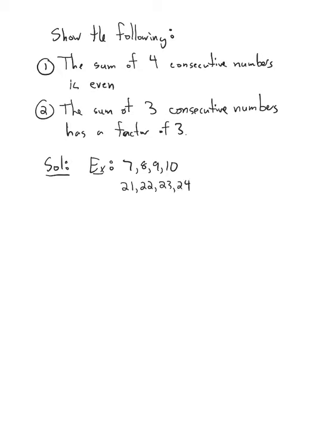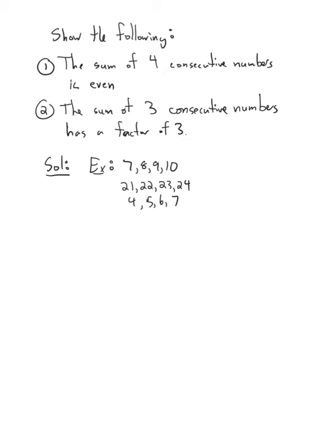And you guys can check that if I do add up 7 plus 8 plus 9 plus 10, or 21 plus 22 plus 23 plus 24, or maybe 4 plus 5 plus 6 plus 7, I'll always end up with an even number. So a few examples can give you an idea of what's happening, but showing it in general gives you kind of a clue why this is the case.